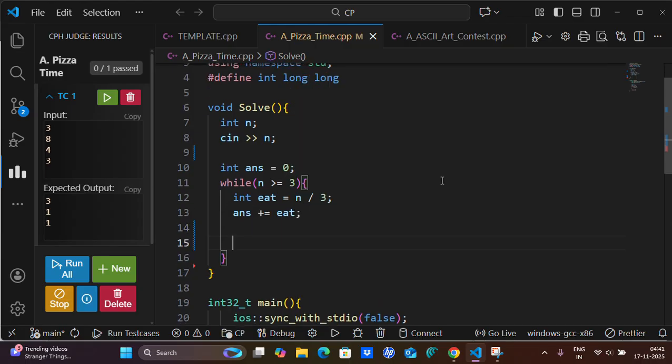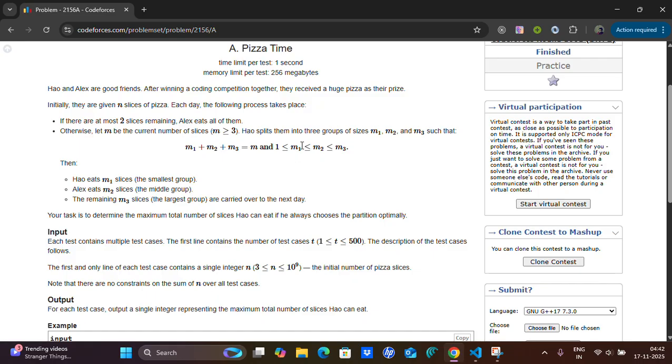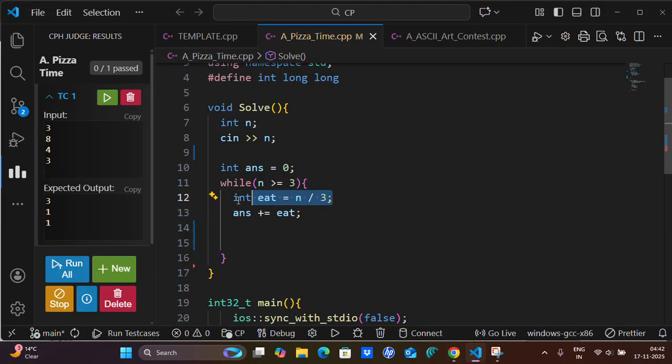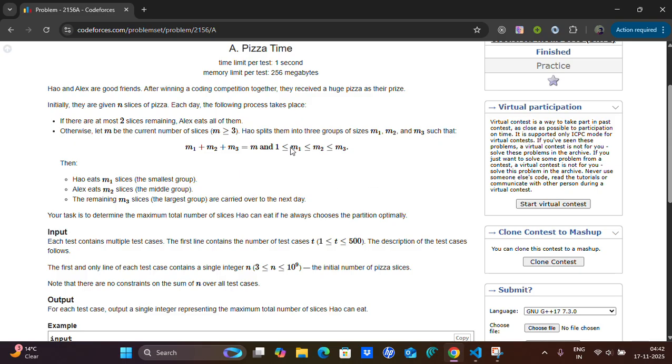So after assigning this, the values of m1, m2, and m3 will get changed. What was I assigning the values to there? I have only divided n by 3, so my n by 3 becomes m1. Since m1 is less than or equal to m2, I have also assigned m2 the same value as m1, and the remaining values will be given to m3, which is carried over to the next day.